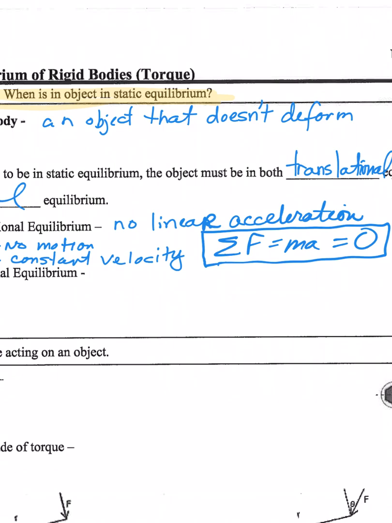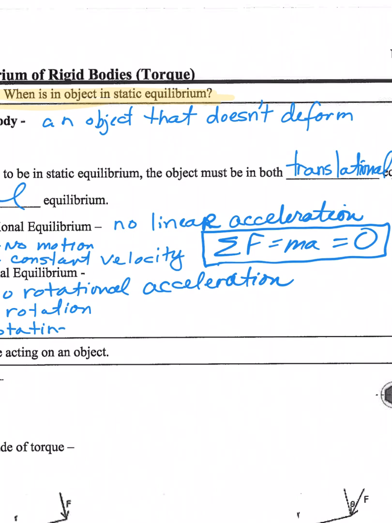Now, rotational equilibrium means there is no rotational acceleration. It could either mean that it's not rotating or that it's rotating at a constant circular velocity.